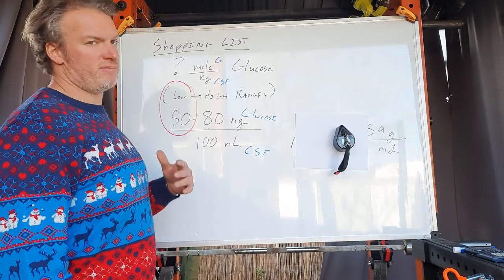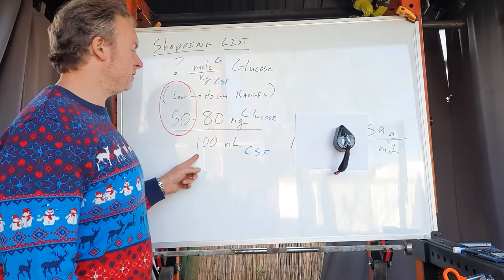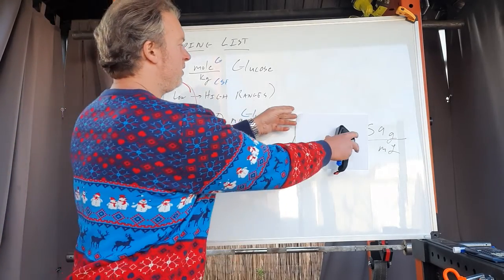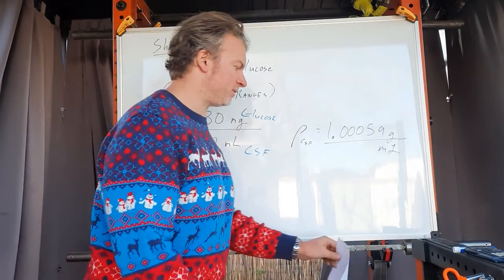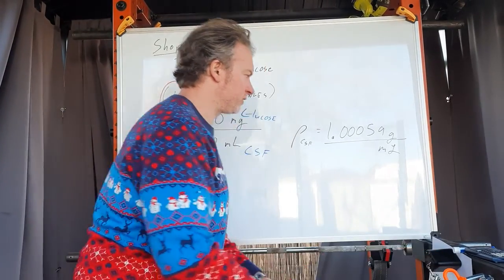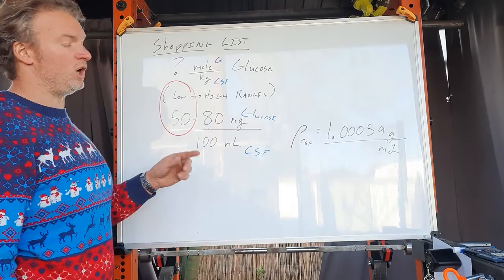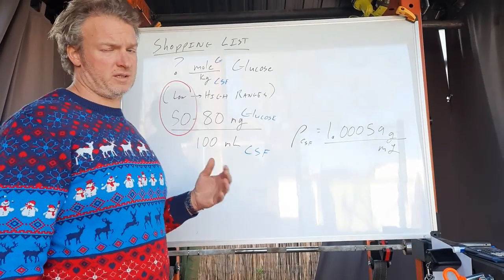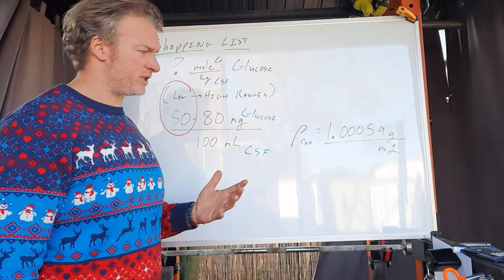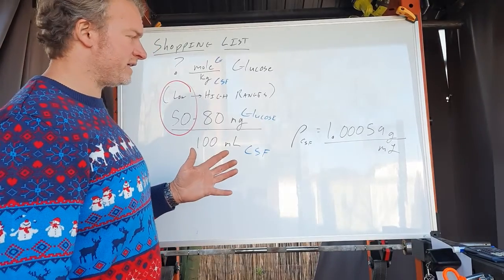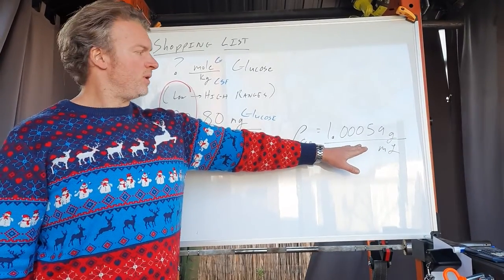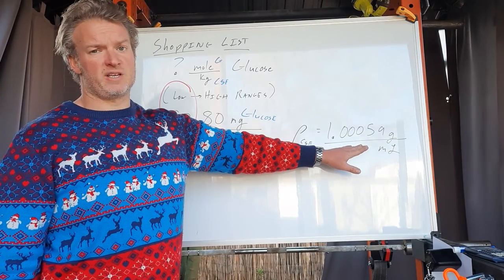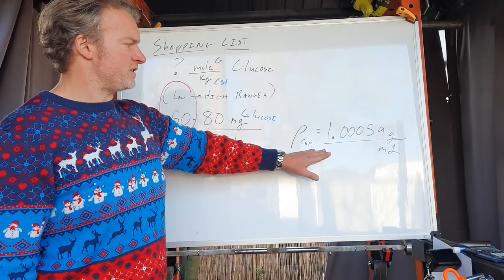Now, for the kilograms of CSF and milliliters of CSF, we're going to need the density at some point in this problem. Spoiler alert, we're also going to need the molecular weight of glucose at some point, because that's where we're going to dig this stuff up. 1.00059 grams per milliliter is the density of CSF.